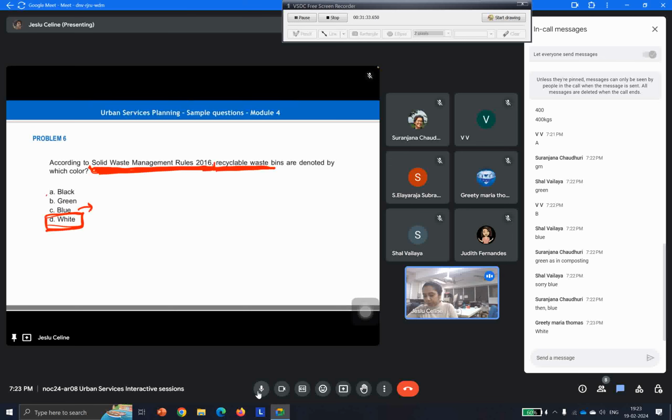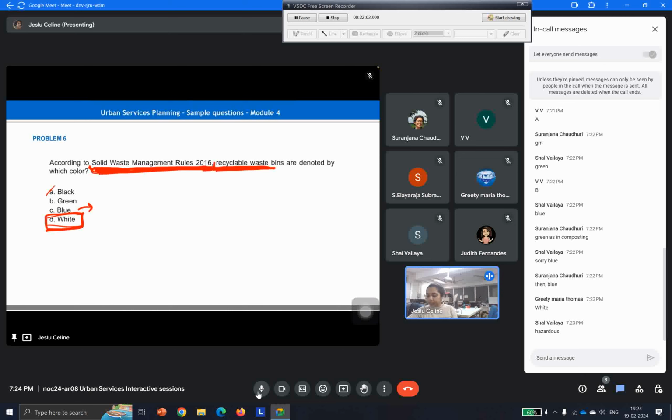And what is black used for? Black is used for anything that doesn't go into recyclable or organic waste, usually domestic hazardous waste. So let's go to the next question.